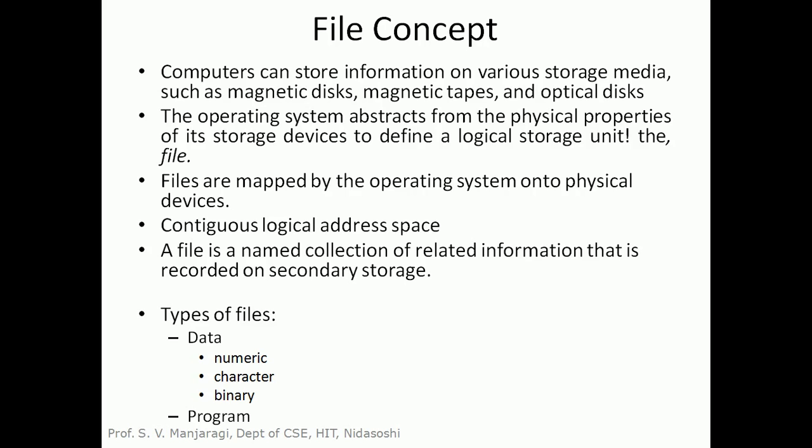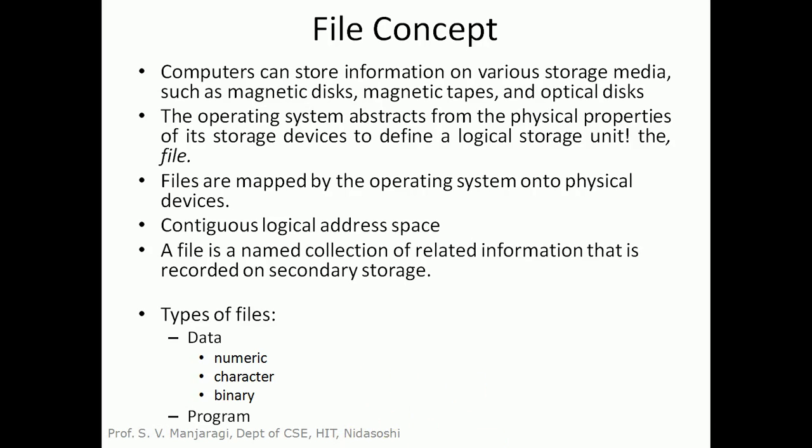The operating system abstracts from the physical properties of these storage devices to define a logical storage unit, that is the file. The files are mapped by the operating system onto physical devices like secondary storage devices, and stored as a contiguous logical address space.